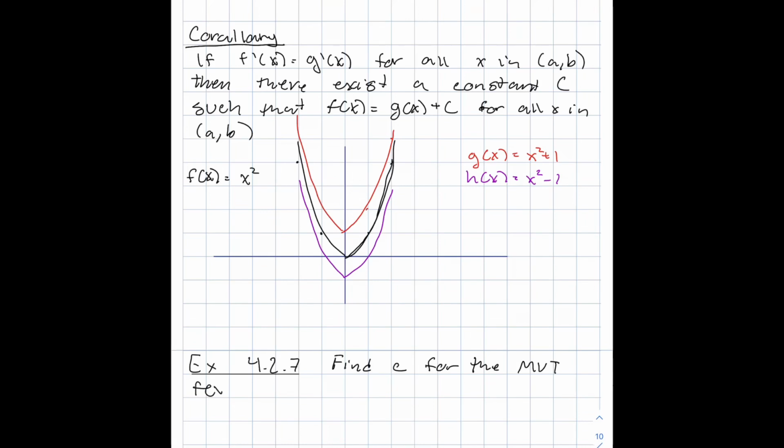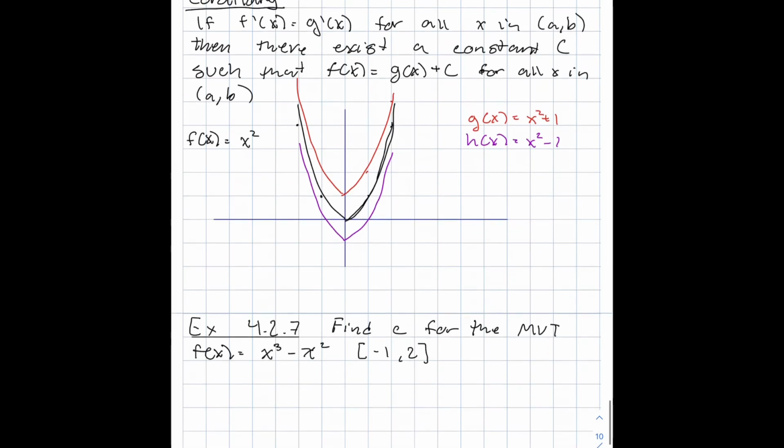We're given that f of x equals x cubed minus x squared, and our interval is from -1 to 2.